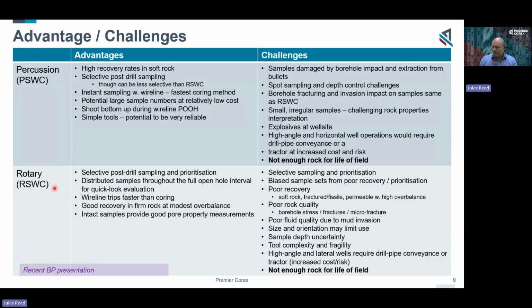And some of the other processes that you're able to obtain from standard core, where because of the low invasion, you potentially have fluids present which are still representative of the reservoir system. Quite often in the sidewall cores, you can't do any analysis of the fluids in place.